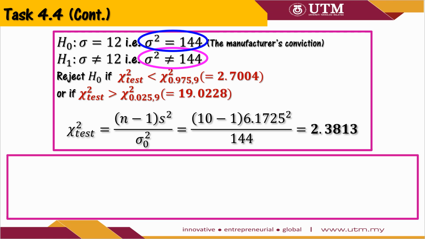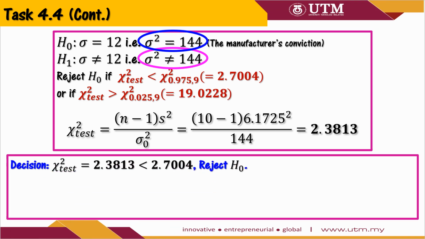Here, the chi-squared test, which is 2.3813, is smaller than the left-sided critical value 2.7004, which indicates that the chi-squared test statistic falls in the critical region on the left. Therefore, we can decide to reject the null hypothesis H0.